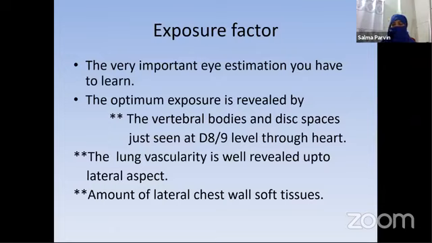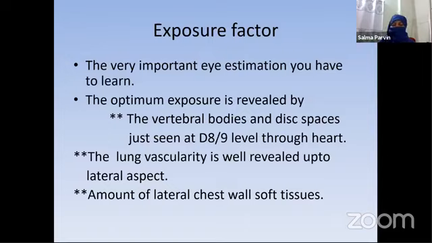And if the spine is seen much more than just seen, you have to conclude that this X-ray has overexposure.